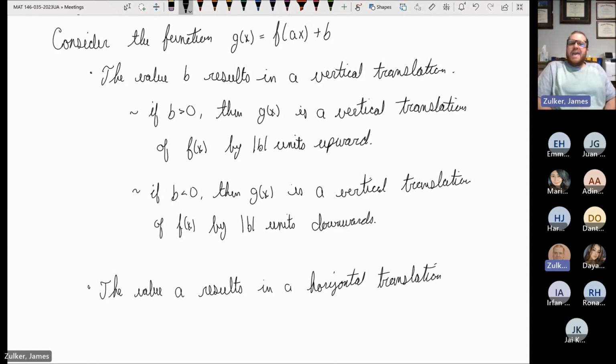Right, so that value a is going to result in a horizontal translation, either left or right.